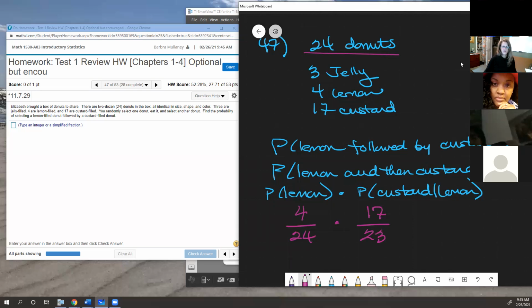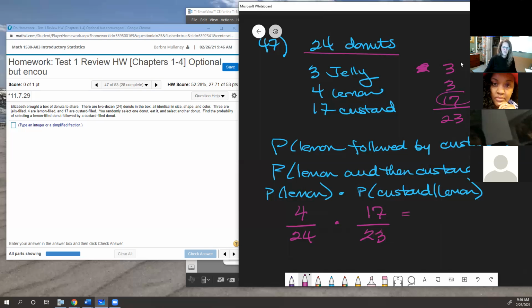We didn't eat a custard, so we still have 17. You have 3 jelly, you ate a lemon, so you have 3 lemon, and you have 17 custard. So that new total is 23. So the probability of getting a custard donut is 17 over 23.